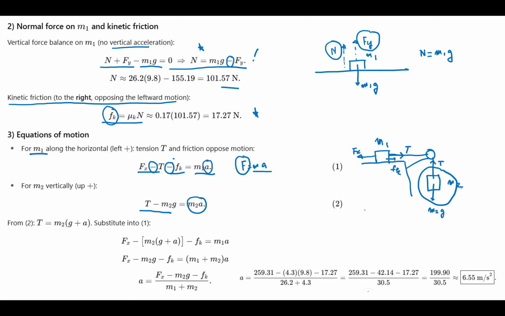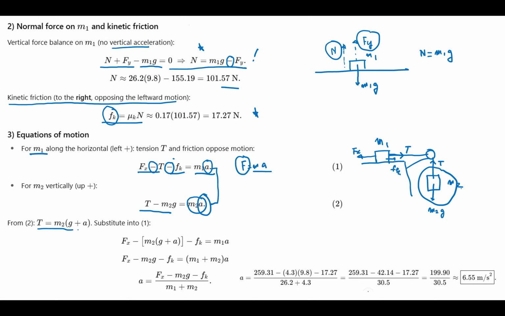So it is opposite sign, so T minus m2g is m2a. Once again, if they are connected by a string, once one of them is moving with acceleration a, the other should move with the same acceleration. That is the very important thing. You need to have this a and this a, okay? And then from these two equations, we can get rid of the T.